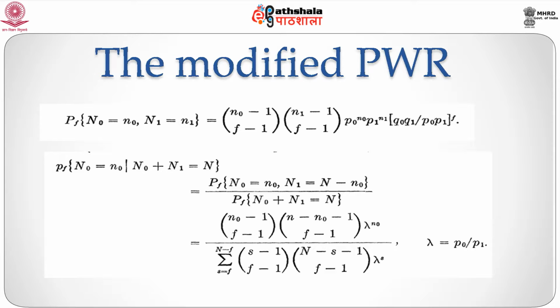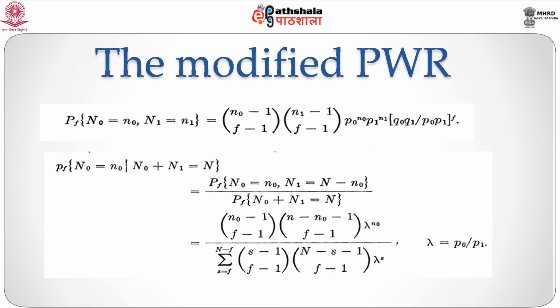So instead, we can eliminate the nuisance parameter by considering the conditional distribution of N0 given the total sum N equal to N0 plus N1, which denotes the total number of patients treated. This probability mass function is given by the second term on this slide.